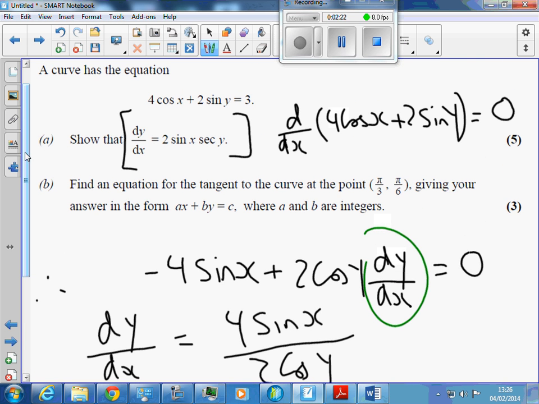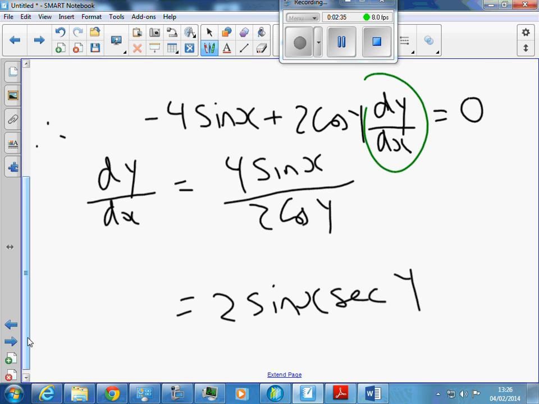Okay, that's very straightforward. Part B: find an equation for the tangent to the curve at the point pi by 3, pi by 6. Now I did hear someone say, don't we use the x value? Yes, if y is a function of x, in C1 we plugged in the x value to find the gradient.